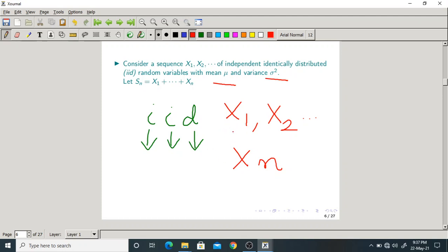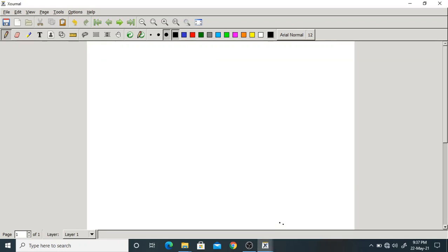Each and every random variable has the same mean mu and the same variance sigma square, and they are independent of each other. Now we have taken IID random variables here. It is very important.